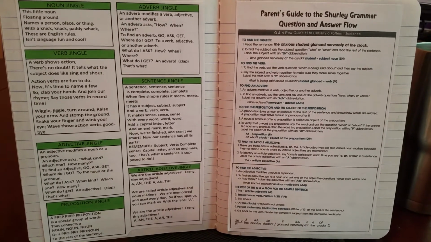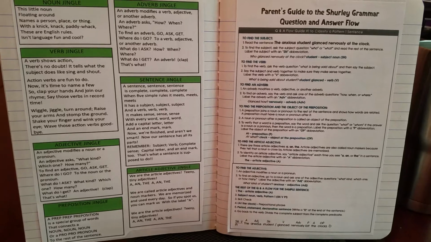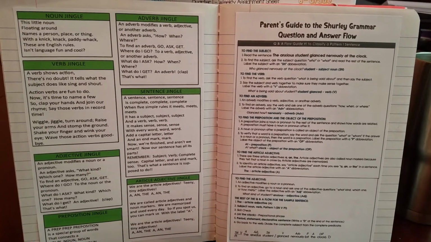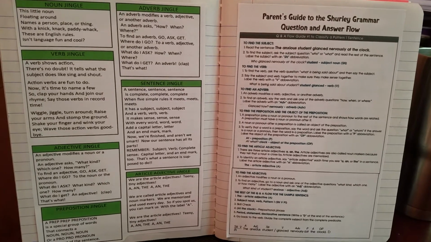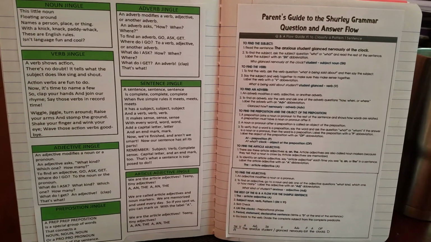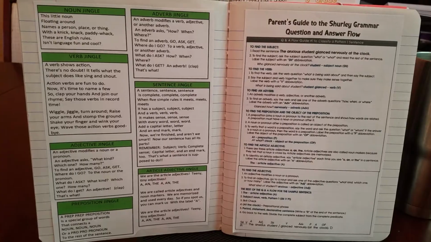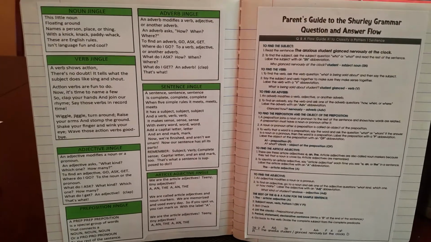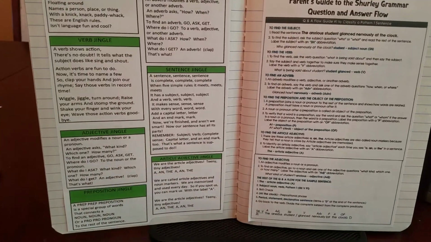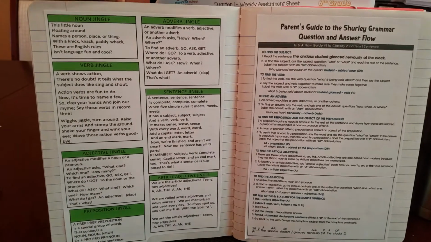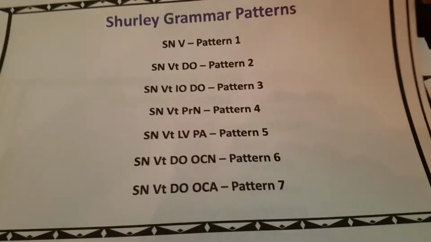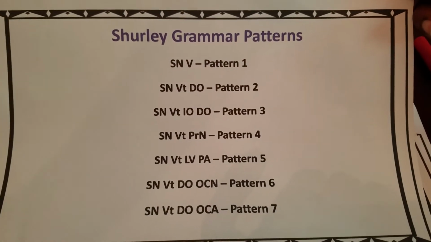Okay, so just to get started, a little overview. Shurley Grammar is a program in which we use jingles and ask questions to find parts of speech and to classify sentences. Shurley Grammar has 7 patterns.